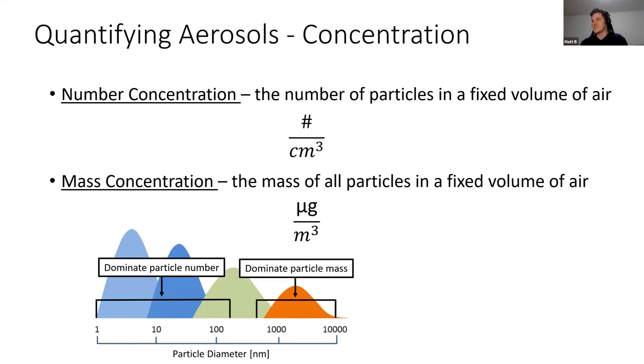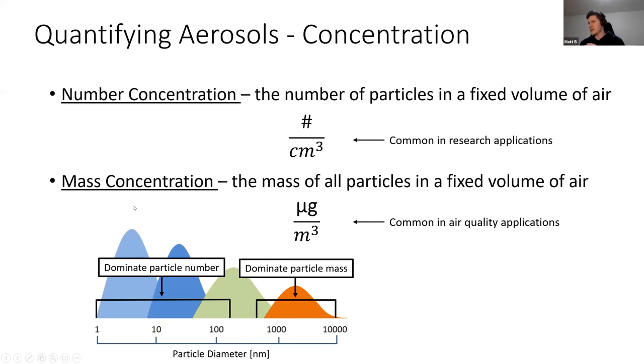And then these larger sizes dominate the particle mass. So typically when you characterize the mass, you're looking at these bigger sizes. And this is common for these definitions in research applications when you're looking at very, very small particles and physical applications. And then this is more common in air quality applications and research in that type of field.